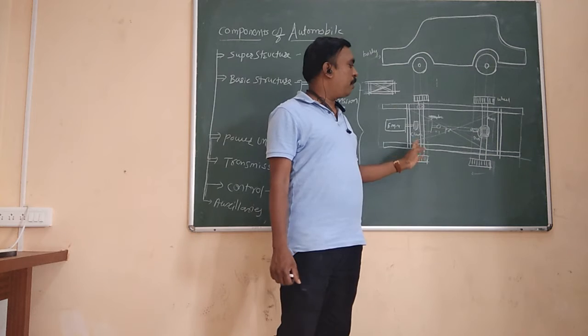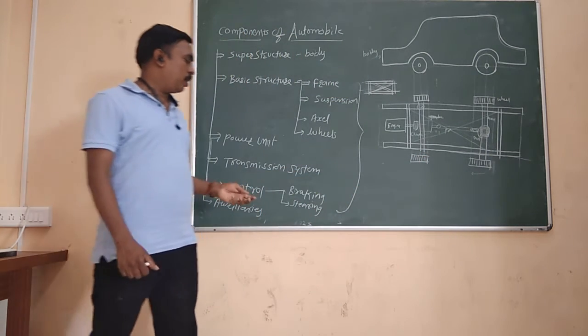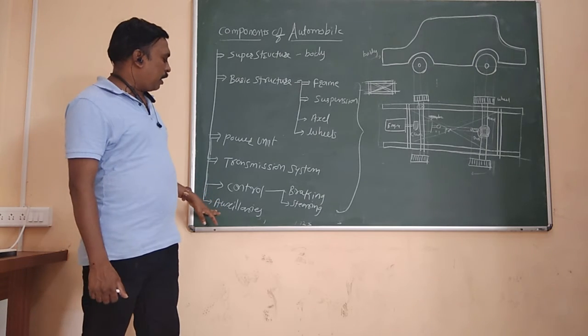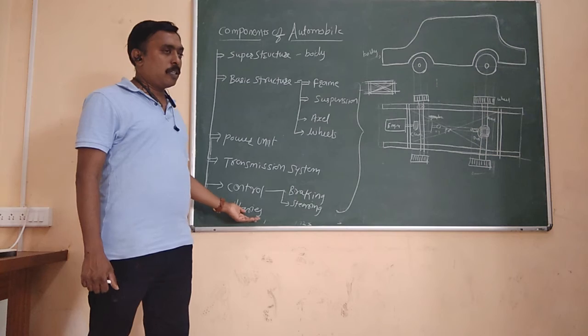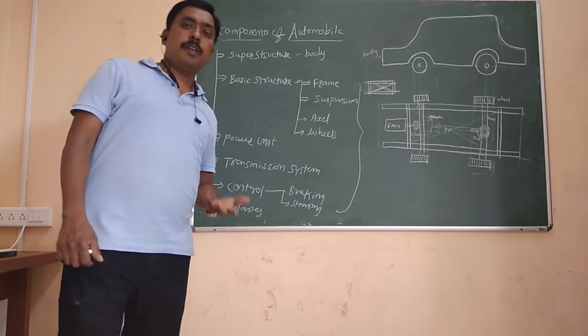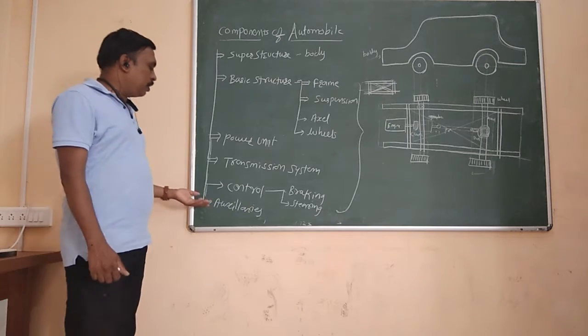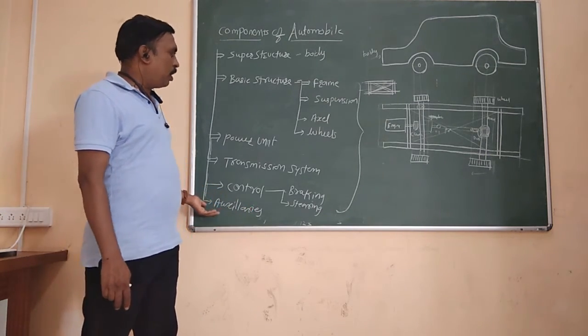Brakes can be disc type or drum type, and can be controlled pneumatically or hydraulically. In addition to this, we have additional things called the auxiliary. Under auxiliaries you may have mirrors, and other things like AC unit. That comes under the auxiliary.